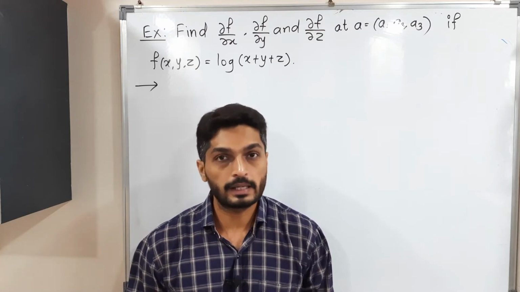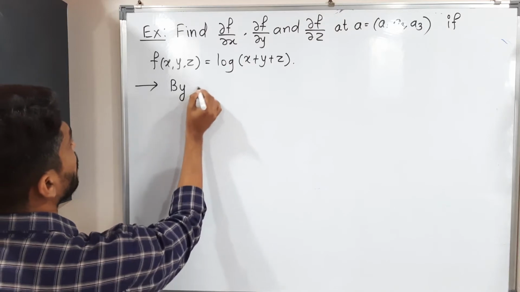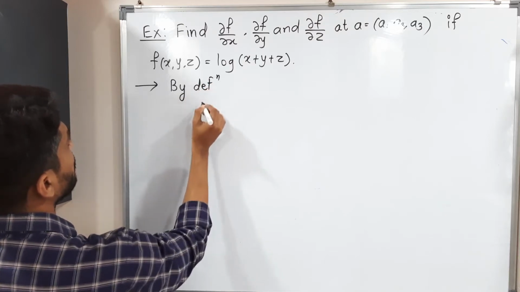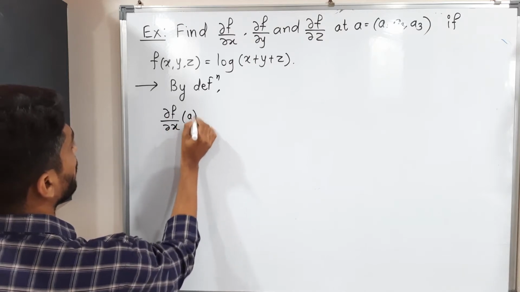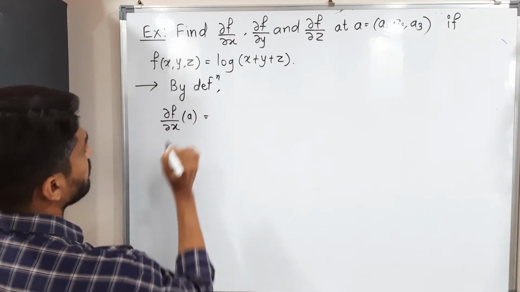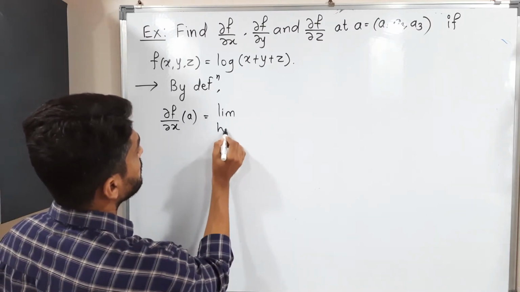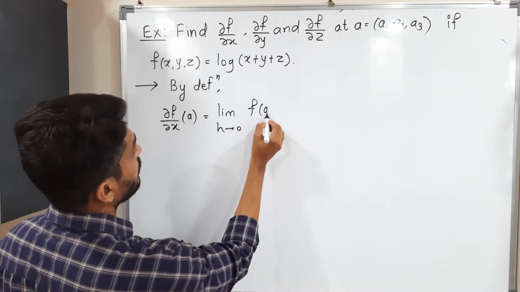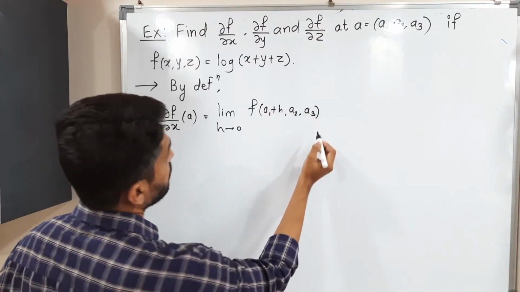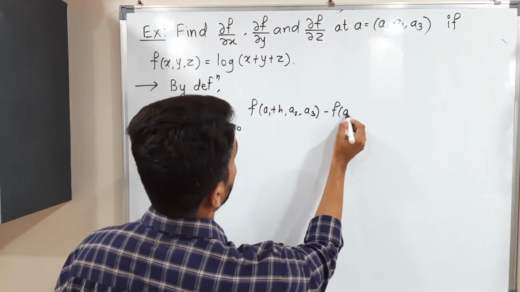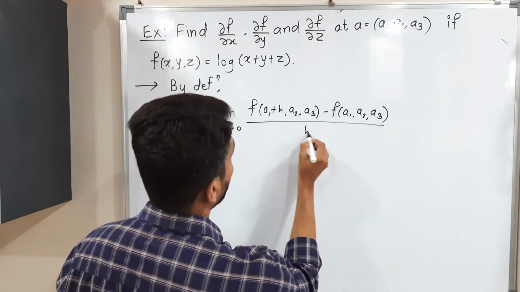So let us start with the partial derivative of f with respect to x. Simply I will mention by definition. By definition, the partial derivative of f with respect to x at point a is equal to limit h tends to 0, f of (a1 plus h, a2, a3) minus f of (a1, a2, a3), divided by h.